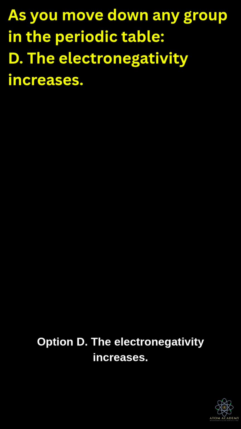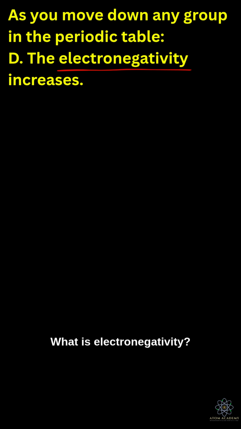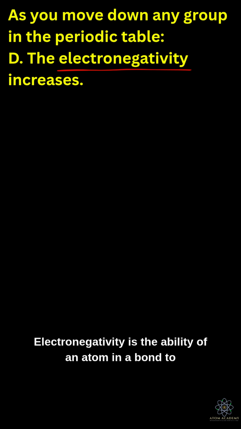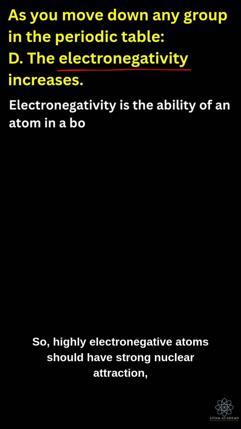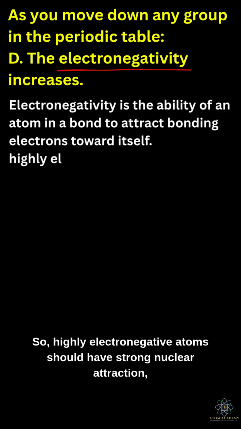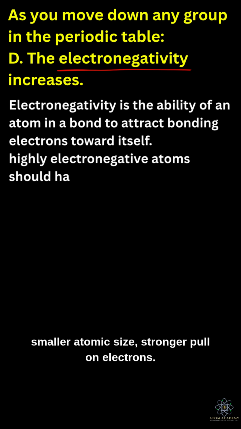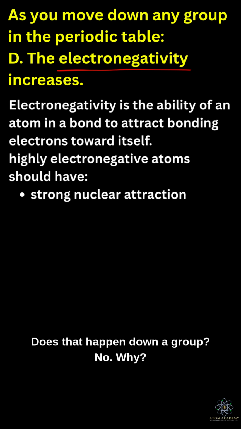Option D, the electronegativity increases. What is electronegativity? Electronegativity is the ability of an atom in a bond to attract bonding electrons toward itself. So, highly electronegative atoms should have strong nuclear attraction, smaller atomic size, stronger pull on electrons. Does that happen down a group? No. Why?